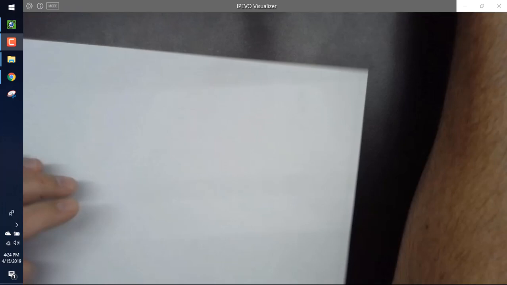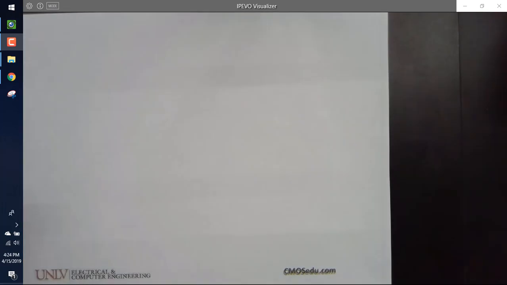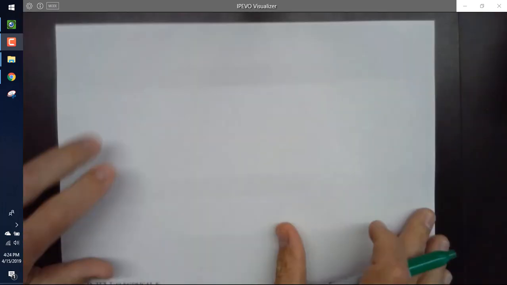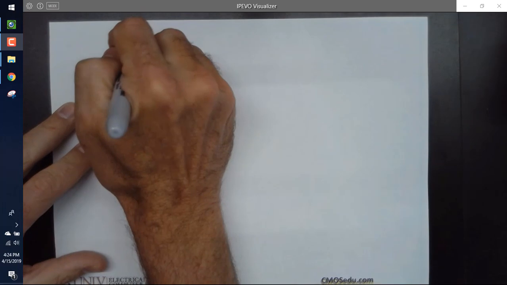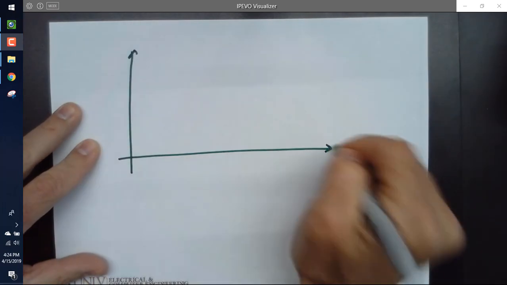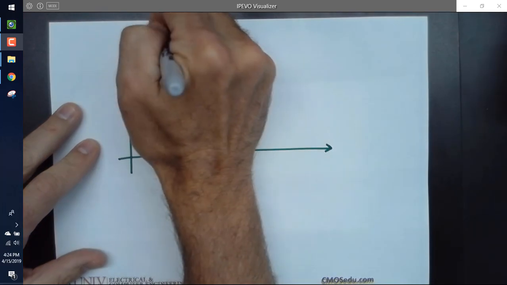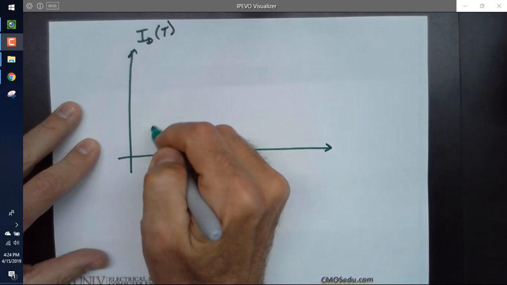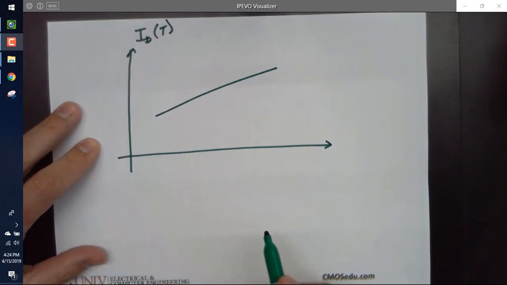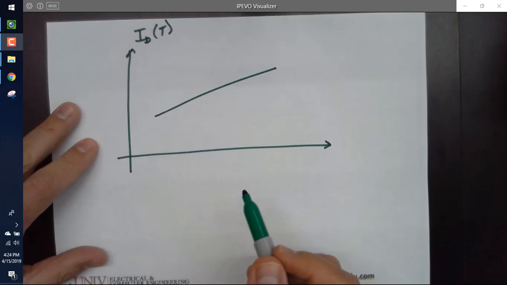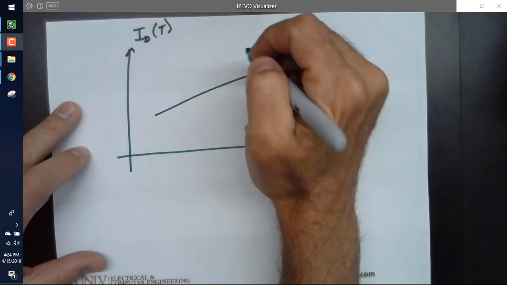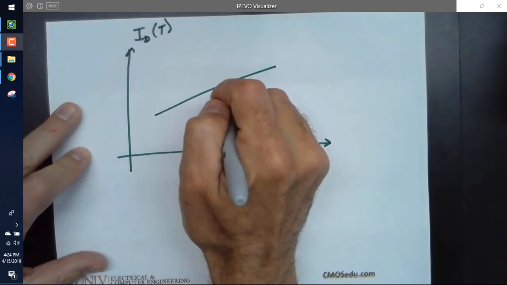Let me do it one more time just to be super slow. Nice and clear, because I'm seeing confusion. I can tell. Okay, lab. I measure the drain current, ID of temperature, and I plot it. Let's go up this time. I want an equation for that current. If I ask, what is the equation for the current?